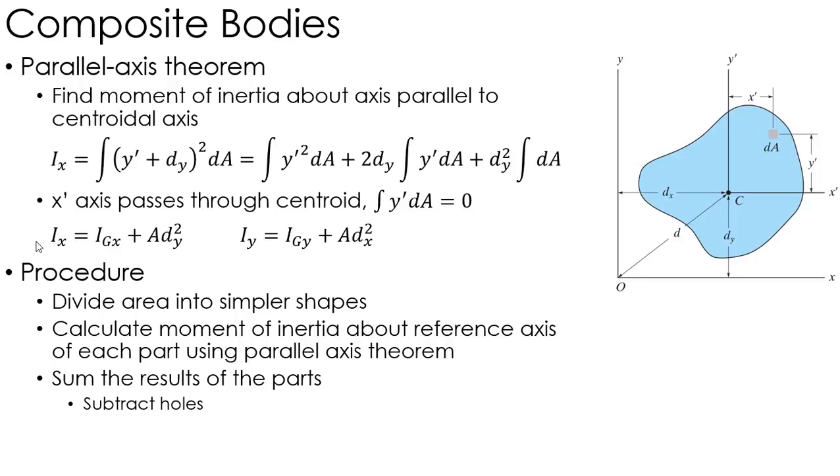But generally, you're going to need it to find the moment of inertia about that reference axis based on the centroidal moment of inertia that you have. Once you've calculated the moment of inertia for each shape, you simply sum them up to find the total moment of inertia about your reference axis. Of course, if you have a hole, like a circle with a hole in it, you would subtract off that moment of inertia to figure out the moment of inertia about the reference axis.